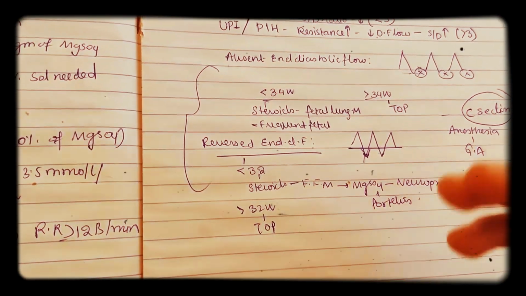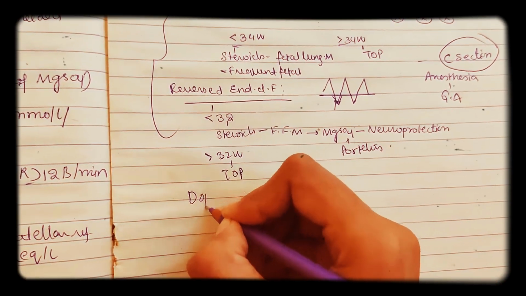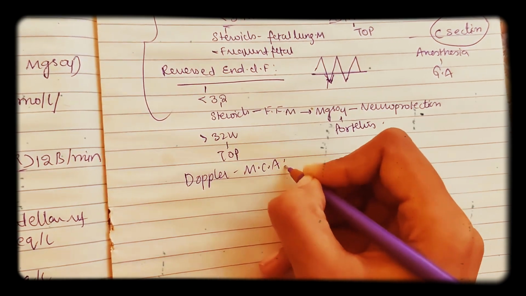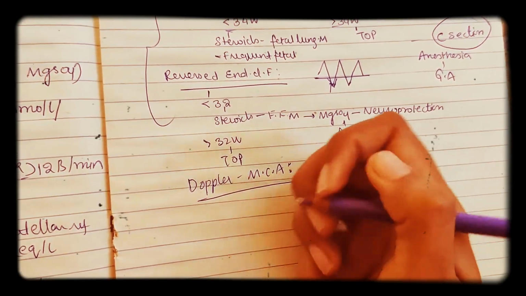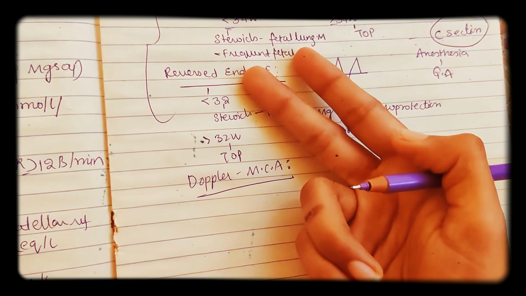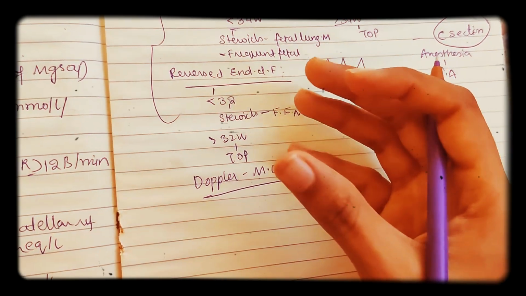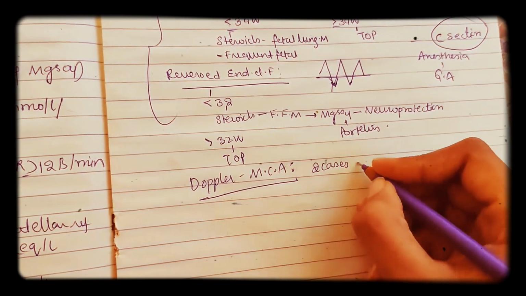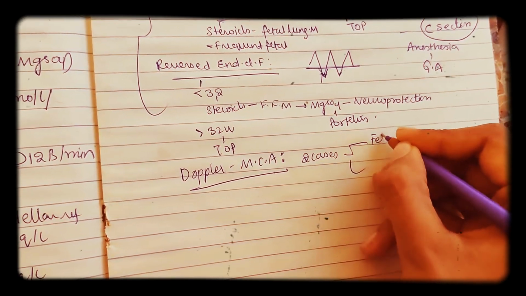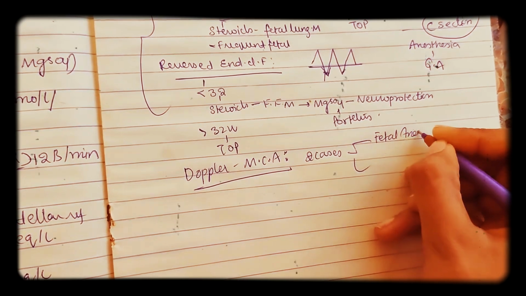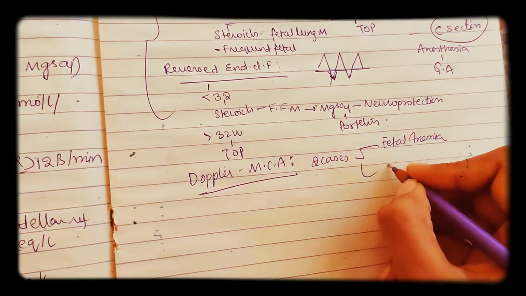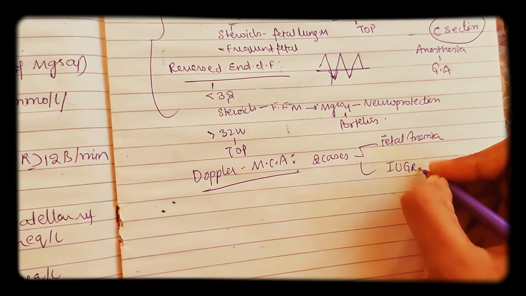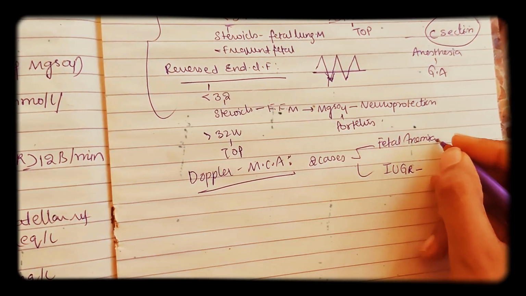So now coming to Doppler of middle cerebral artery. Okay, middle cerebral artery. So we have done till now two Dopplers already. One is the uterine artery, next is umbilical artery. Now we are going to see the middle cerebral artery. It is done especially in two cases, that is in the case of fetal anemia, and in the case of IUGR, that is intrauterine growth restriction, where especially what are the parameters, let us see.